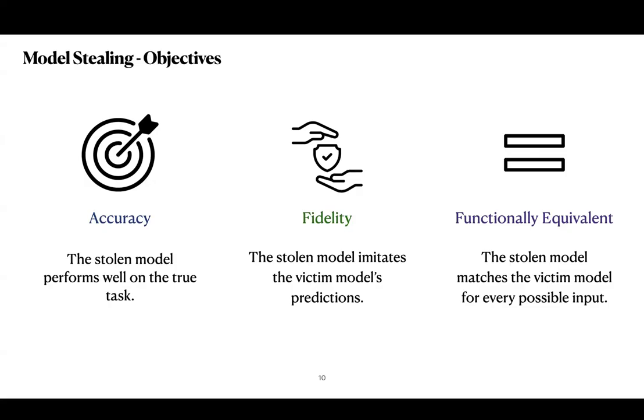I have a question: for fidelity, we are going to make it exactly the same on false and true predictions, but functional equivalence means that, for example, if the main model is a linear regression of 2-3 parameters, maybe we are going to predict and steal exactly the same function in our end, and we are not actually talking about this behavior.